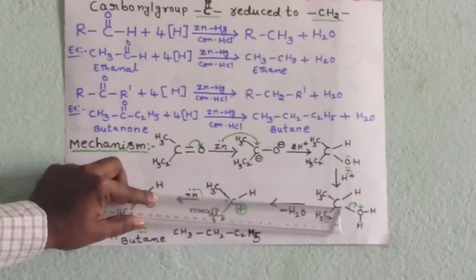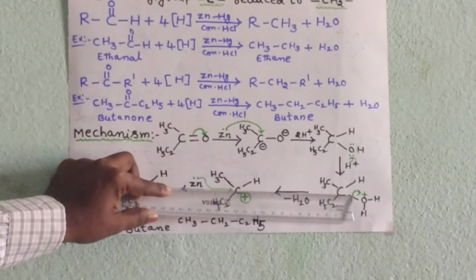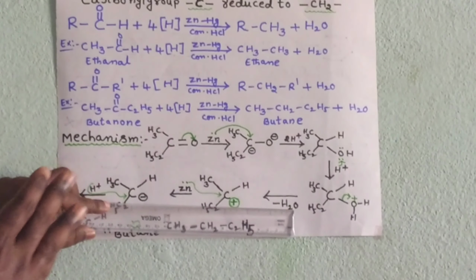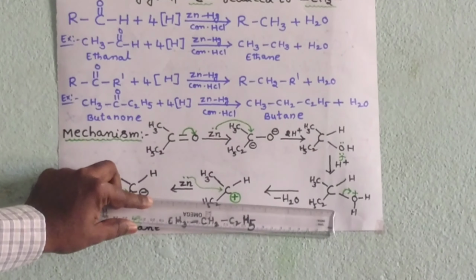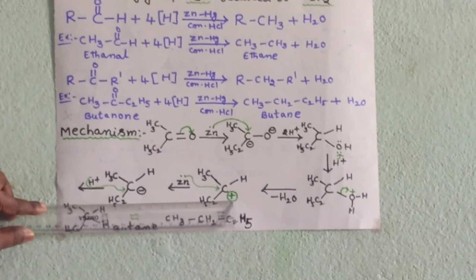Now the bond between carbon and oxygen contains 2 electrons; these 2 electrons shift towards the oxygen atom, and leave from this species. Now the carbon gets a positive charge.